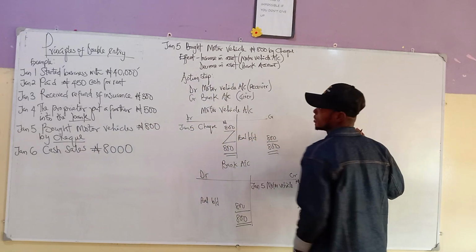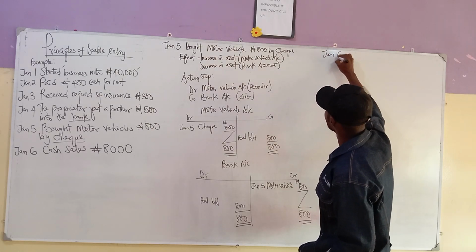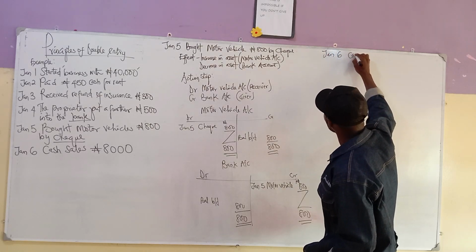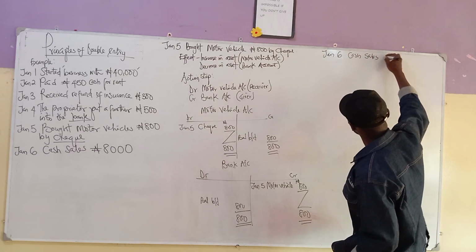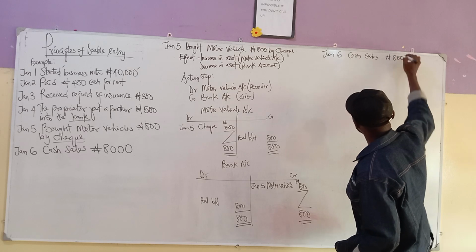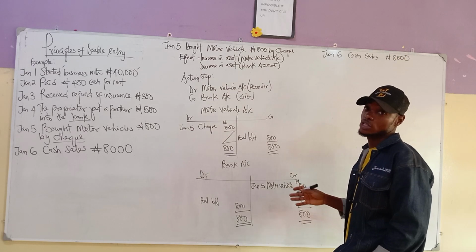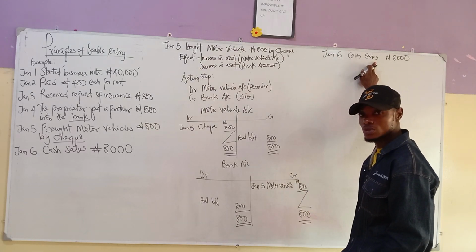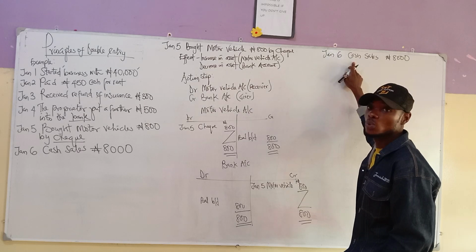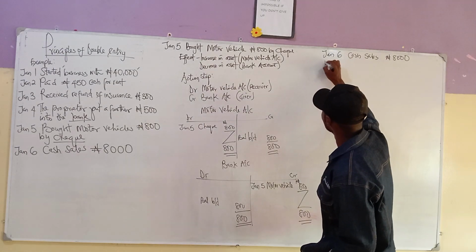Now, the last transaction that we have, January 6th, cash sales. Cash sales is 8,000 naira. Now, under this, we have two transactions that took place. Cash was received, goods were sold. So what is the effect?